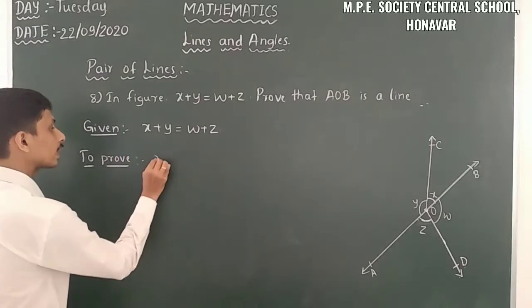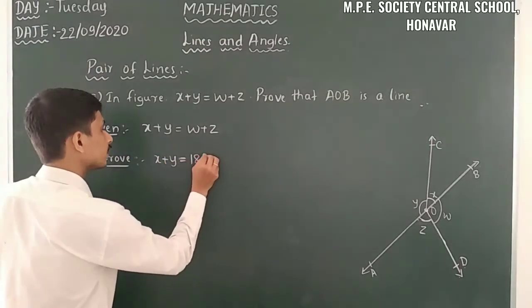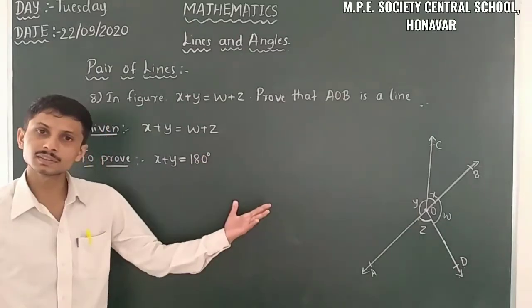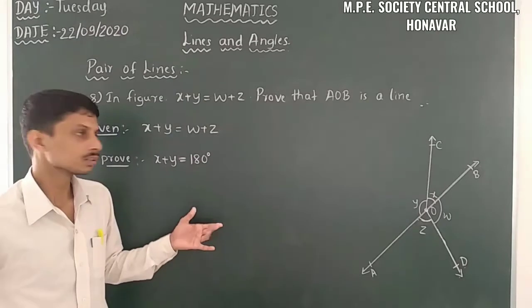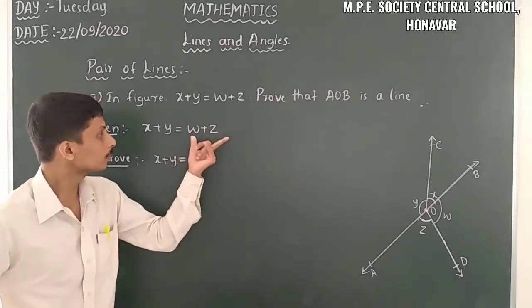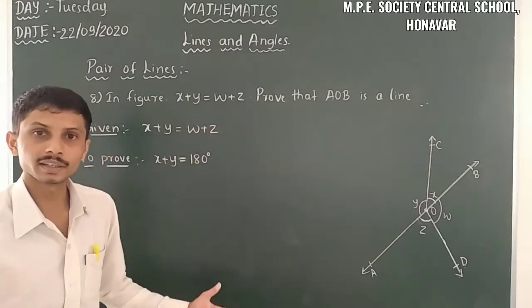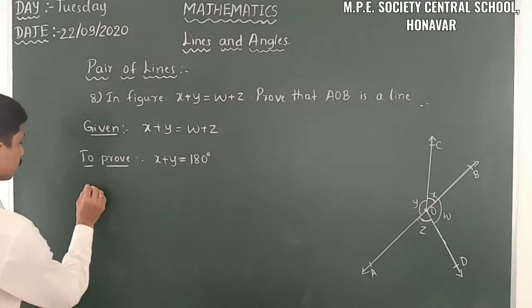To prove x plus y is equal to 180 degrees, or w plus z is also 180 degrees. Both may be possible. If we prove x plus y is equal to 180 degrees, then w plus z is also 180 degrees. So let us prove that.